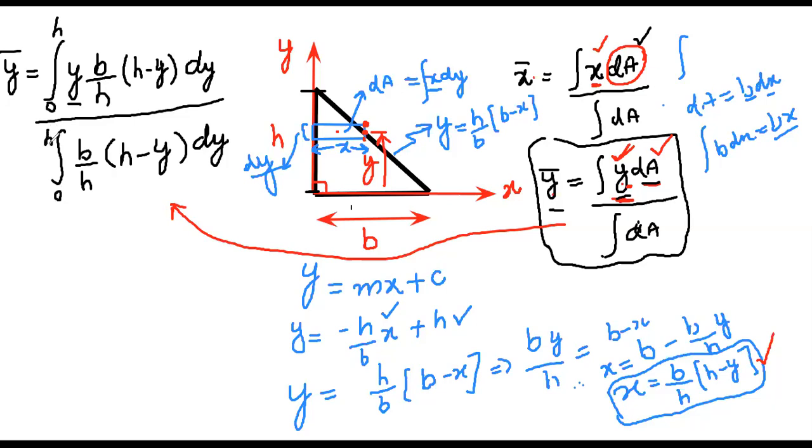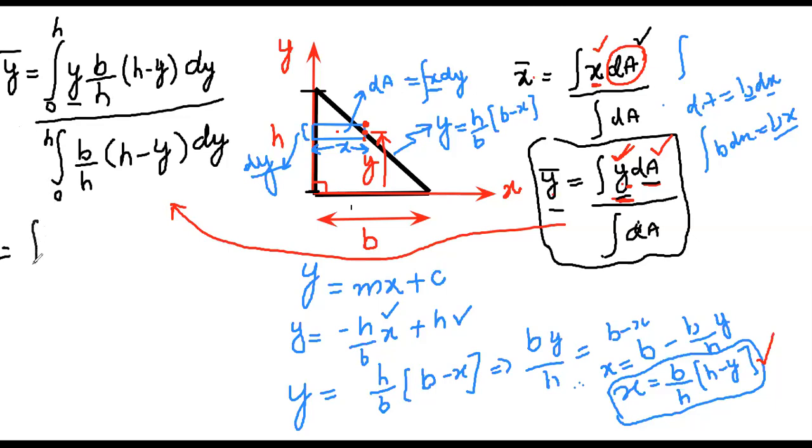We can perform this integration. Once we tend to solve this, this b by h is constant, so it will come out of the integration. At the denominator, this b by h will also come out of the integration, and b by h from the numerator and the denominator will cancel.